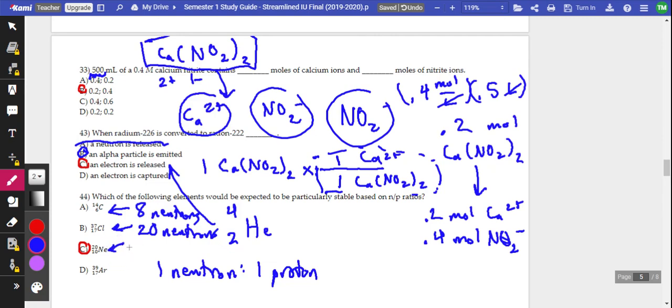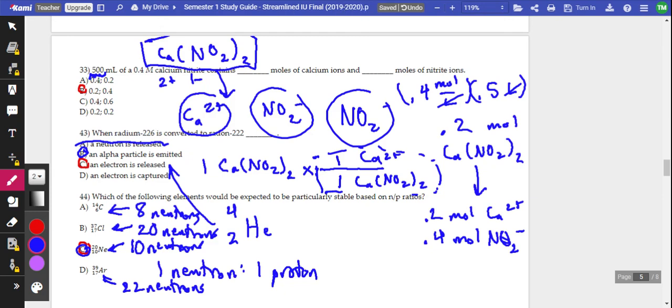This guy is 10 protons to 10 neutrons, which is a nice even 1-to-1 ratio. And this guy is 17 to, let's see, 22 neutrons? So not too great. So the thing closest to a 1-to-1 ratio is our neon 20 isotope.